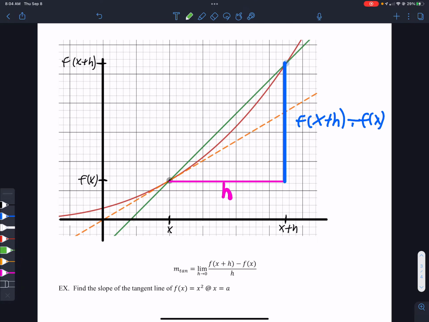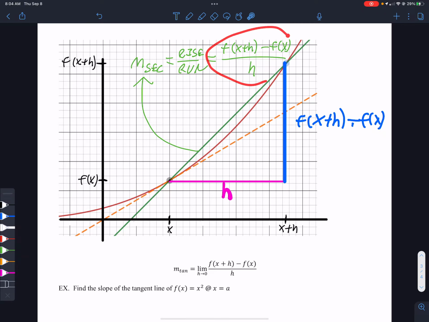So if we want the slope of the secant line, that's going to be rise over run, right, of this guy. Well, what's the rise? It is f of x plus h minus f of x, over h. And again, have that make sense. Don't just say, oh, it's confusing. It's not that hard.